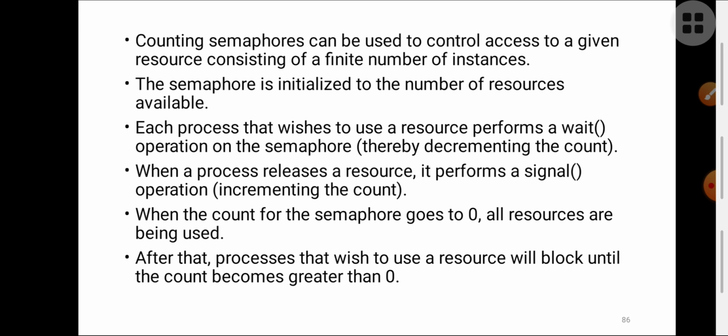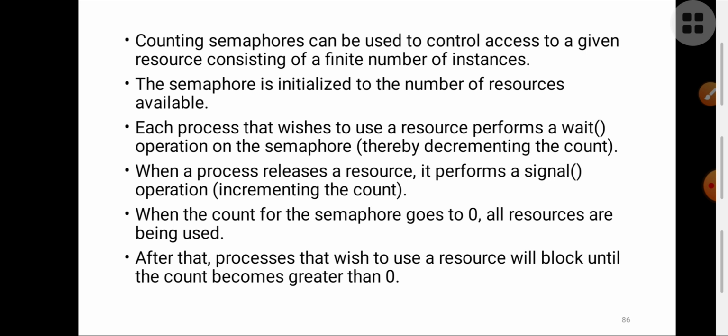When the count of the semaphore decreases to 0, all resources are being used. It means there is no resource available for the processes to use. After that, processes that want to use a resource will block until the count becomes greater than 0. If any process wants a resource and there are none, the count value will be 0, and at that time these processes will be blocked.